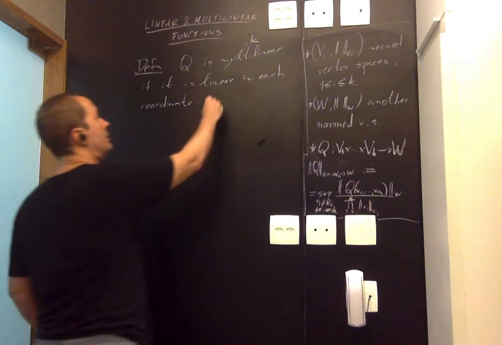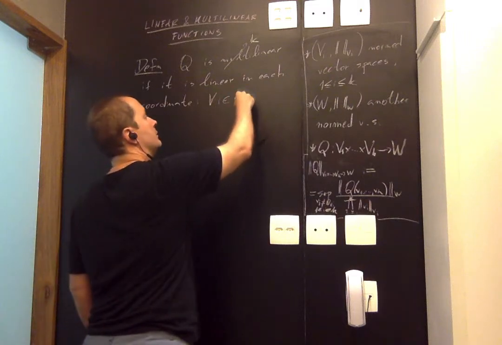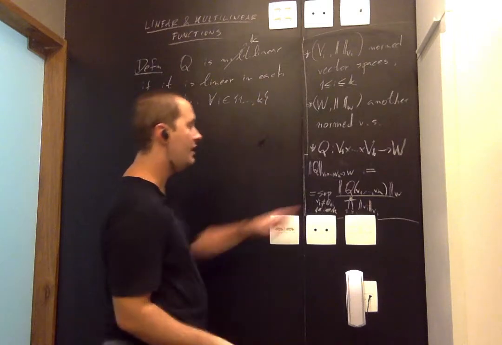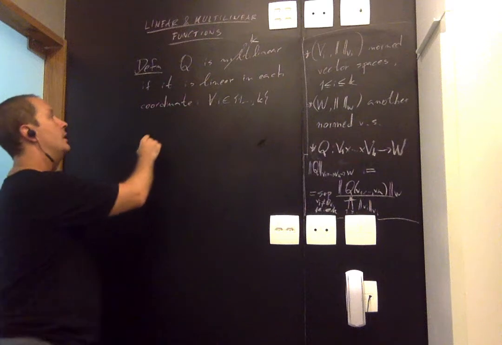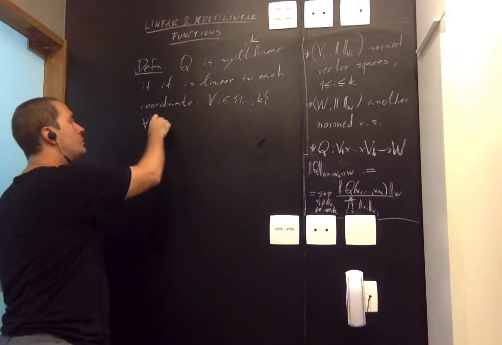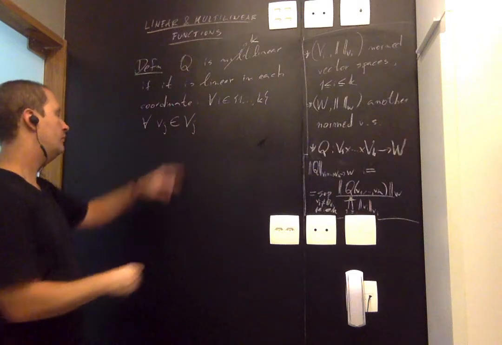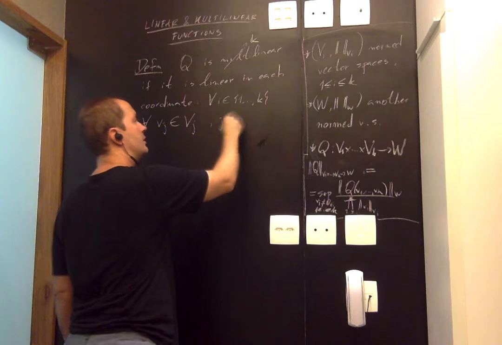Let me say. For any coordinate that I fix, right? So there are k input things here. So fix one of them. Choose vectors for each coordinate that's not equal to i.